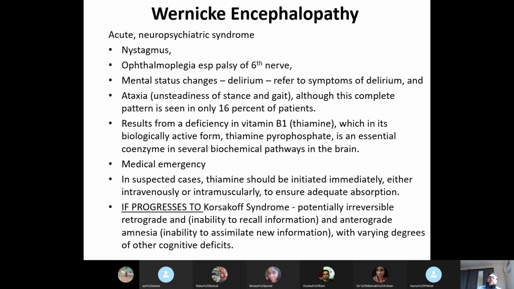And then the fourth thing is mental state changes, which is delirium. So what happens in delirium? Lack of attention and concentration, hallucinations, and especially in delirium tremens, you see the Lilliputian hallucination, which is seeing small soldiers or small men walking on the table or on big surfaces, very small creatures.